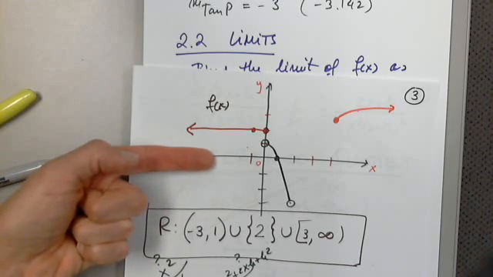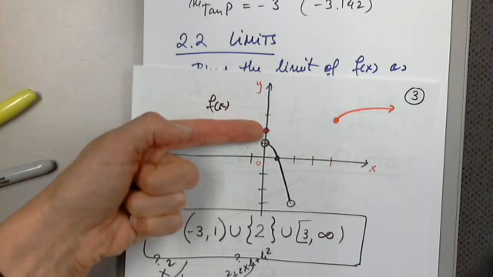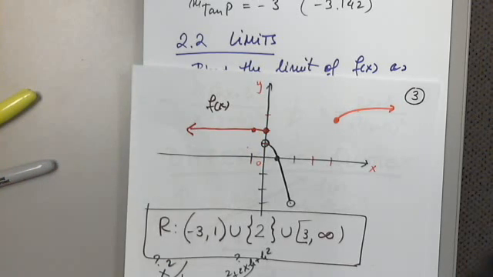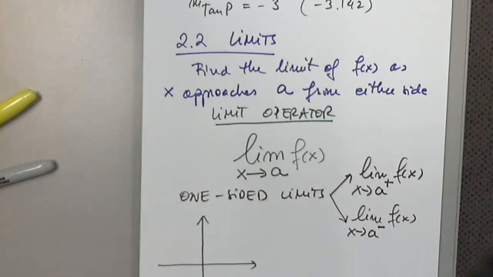So the limit of the function as x approaches 0 from the left is 2. If I cannot give you a number, the limit does not exist. So if I say infinity, the limit does not exist, but I will write infinity. So a limit exists as long as I can give you a number. I cannot say approximately. I have to give you a clear number. So here's an example then.